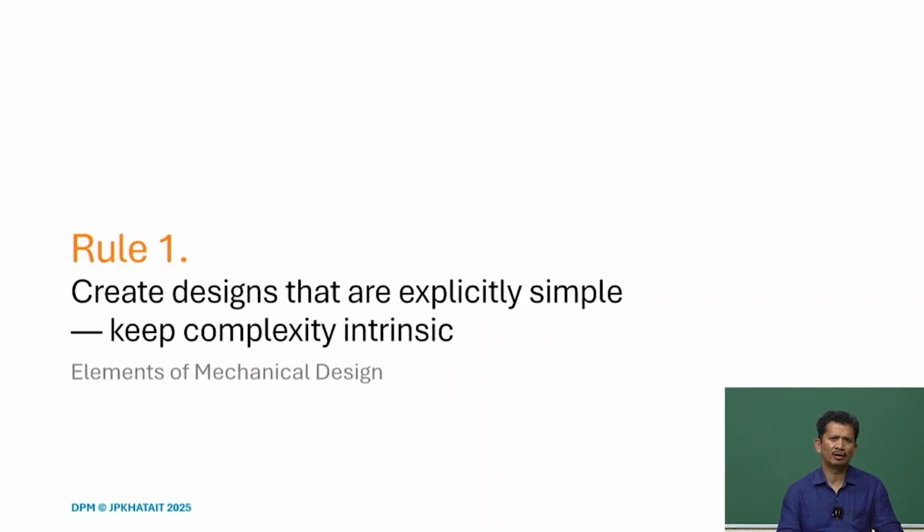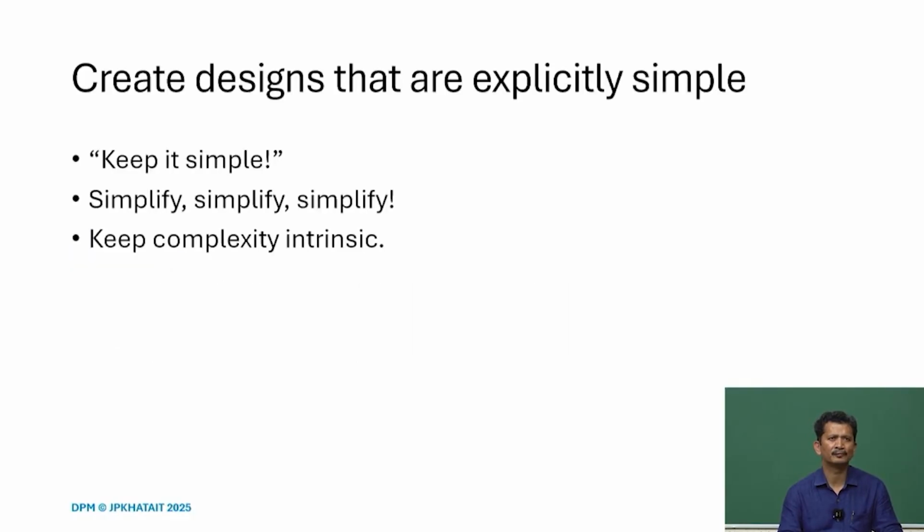So coming to design principle 1 or rule 1, where we are saying create designs that are explicitly simple, keep complexity intrinsic. What does it mean? We try to emphasize again, we call it KIS, keep it simple, or simplify, simplify, simplify.